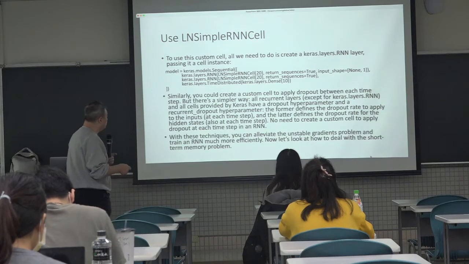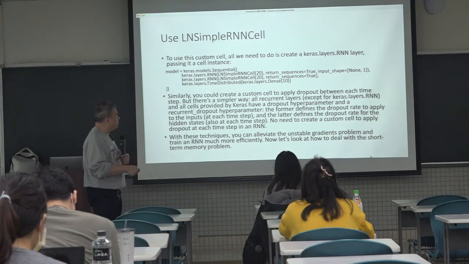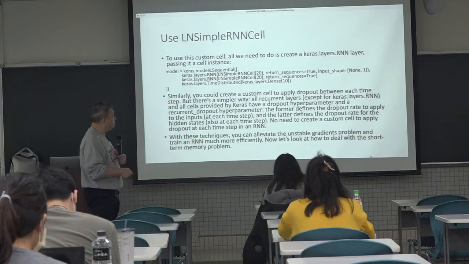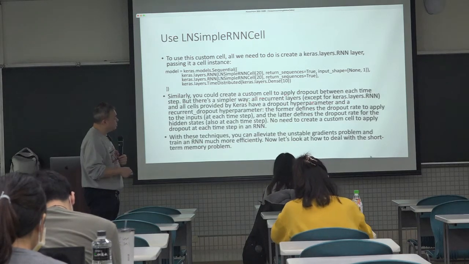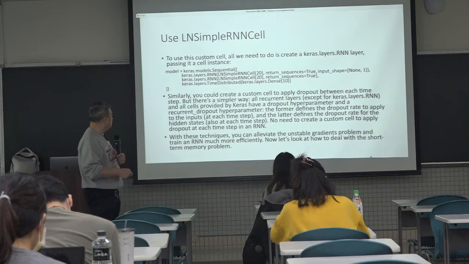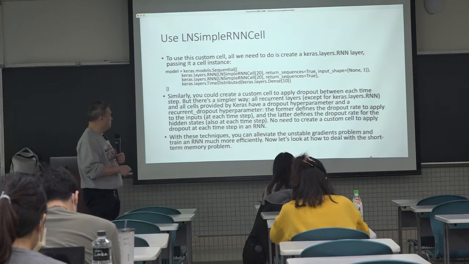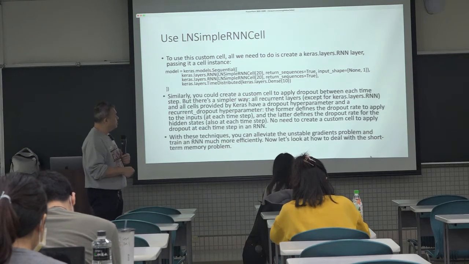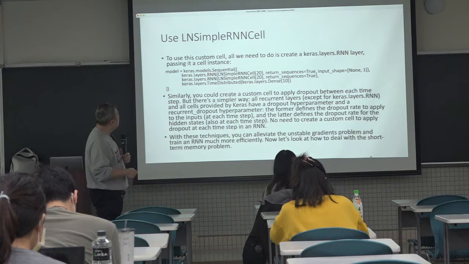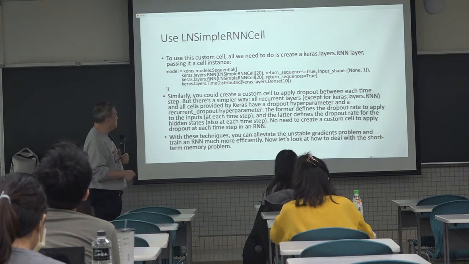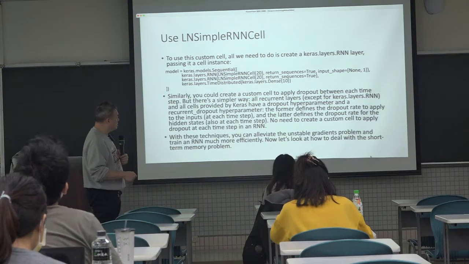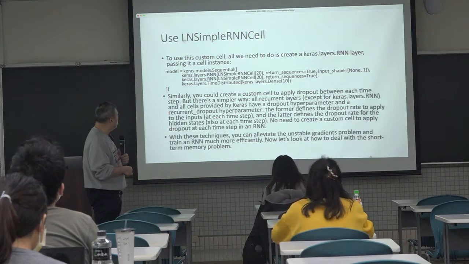You just need to specify the dropout hyperparameter, which is the dropout rate. But be careful that there are two different dropouts that we are talking about for the RNN cell. The first one is just dropout. The second one is what we call recurrent dropout.